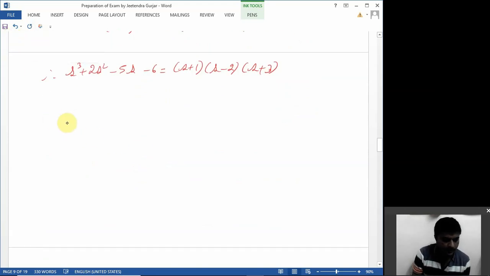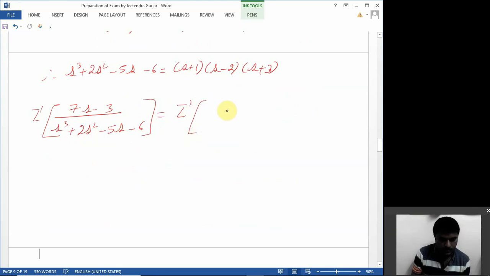So you will get the inverse Laplace transformation of (7s minus 3) divided by (s cube plus 2s square minus 5s minus 6) will be equal to the inverse Laplace transformation of (7s minus 3) divided by (s plus 1)(s minus 2)(s plus 3). That's it.